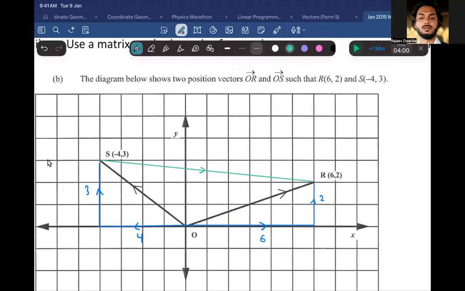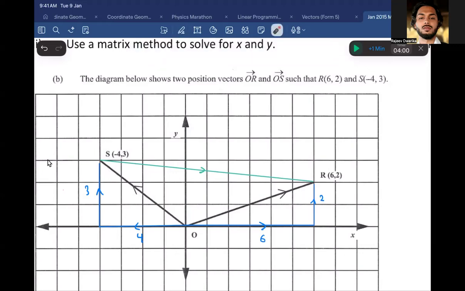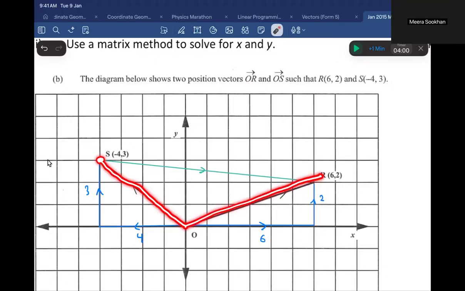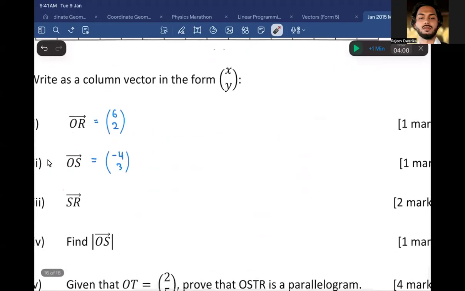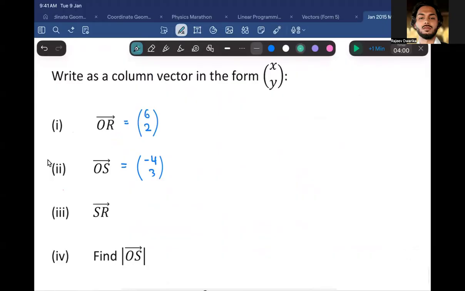So how would I go from S to R? Is it S to O and then O to R? Yep, excellent job. So if I want to go from S to R, it'll be S to O, and then from O, we'll move to R.